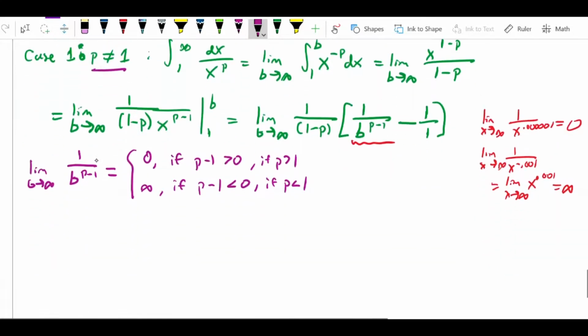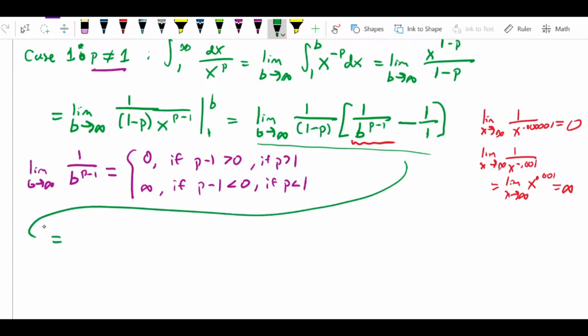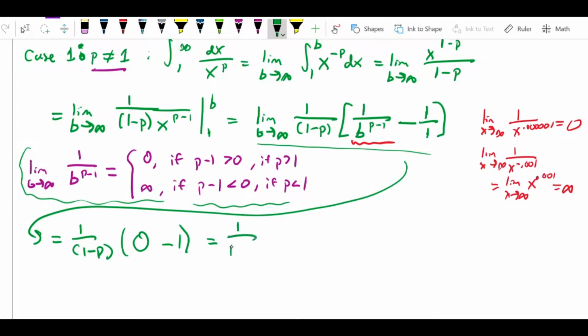So going back to this expression, I just want to bring that down. In other words, this was kind of an aside. This is going to equal 1 over 1 minus p times 0 minus 1, which equals, this is going to confuse some people if I don't do the step, 1 over 1 minus p times negative 1, which equals 1 over p minus 1.